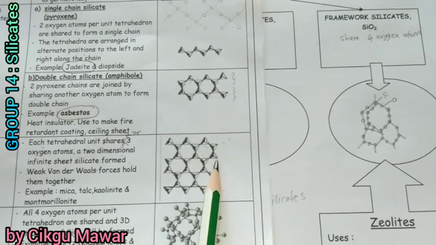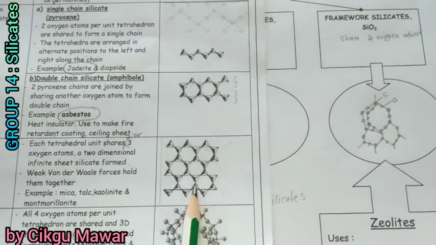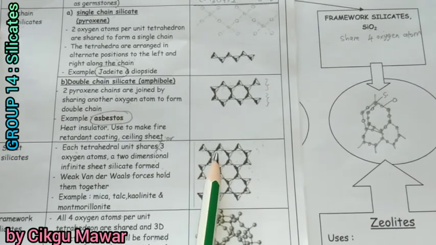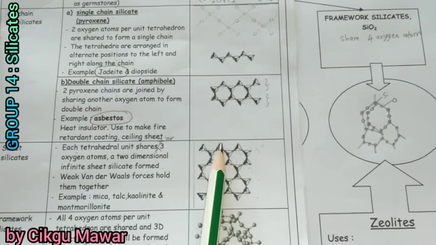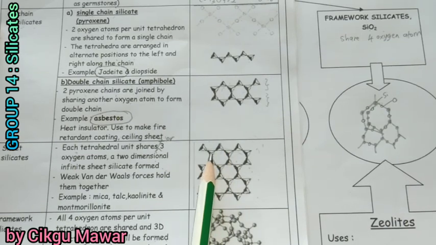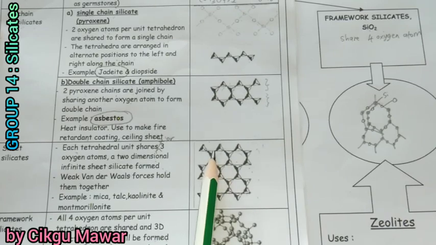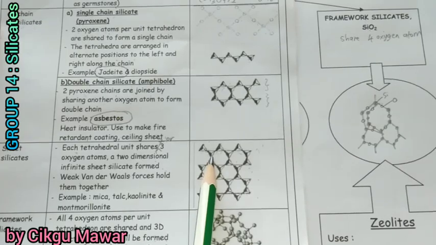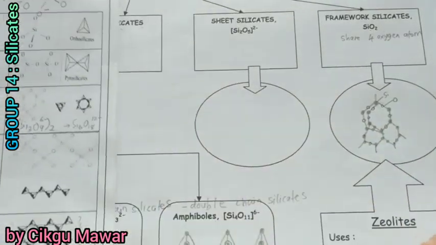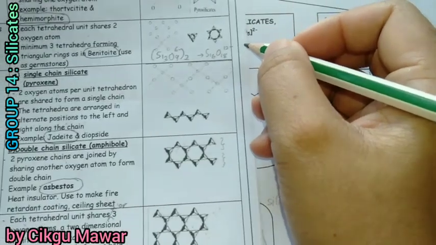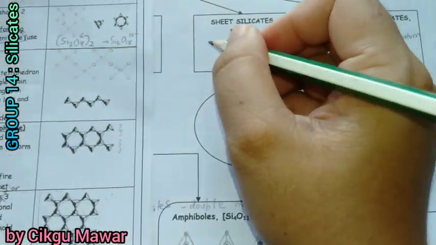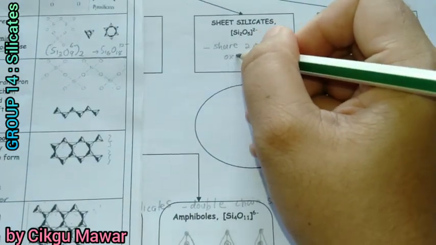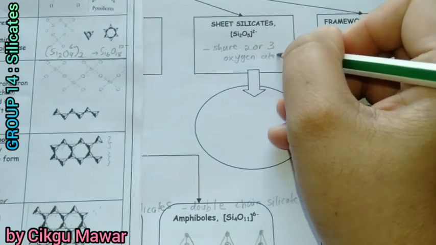Each tetrahedral unit shares 1, 2, or 3 oxygen. The upper tetrahedral shares only 2 oxygen, and in the middle it can share 3 oxygen atoms. So for sheet silicates, it shares 2 or 3 oxygen atoms.